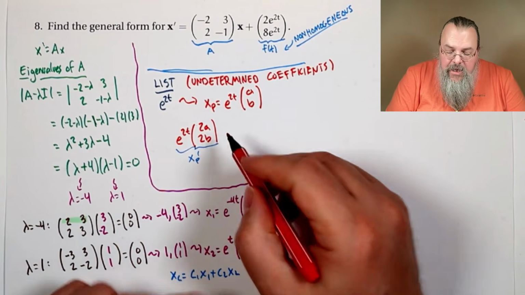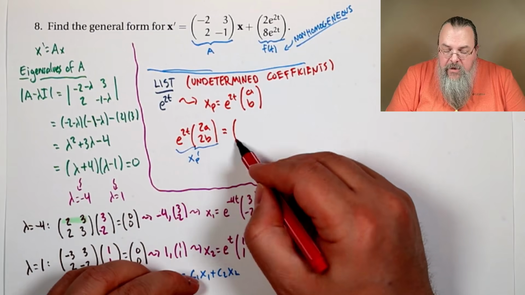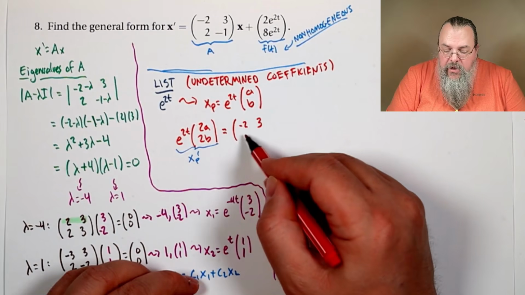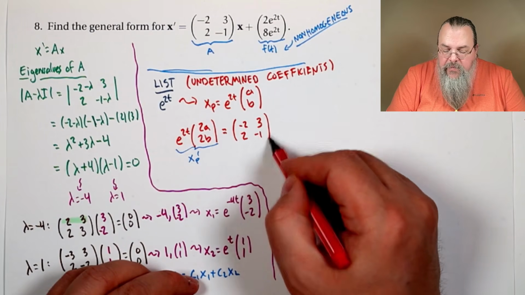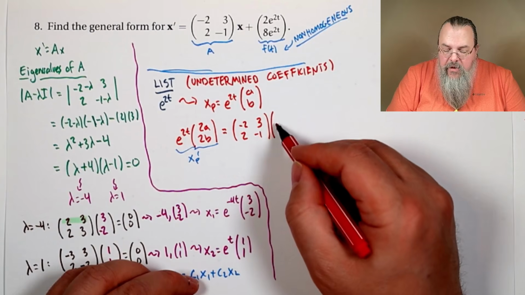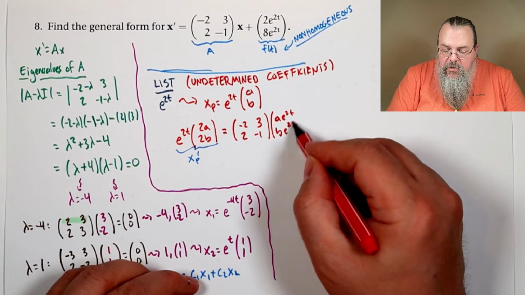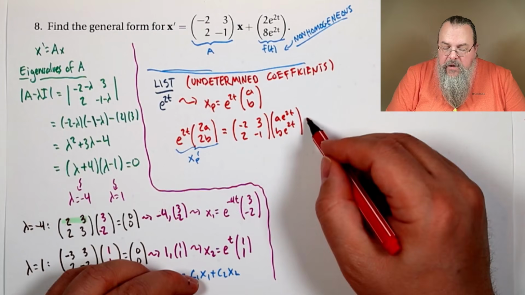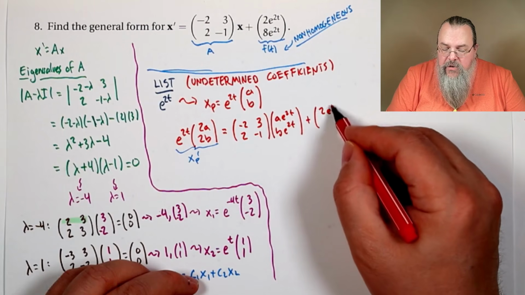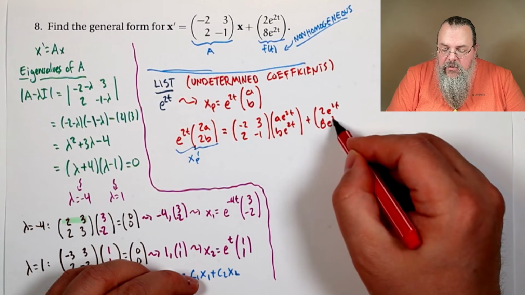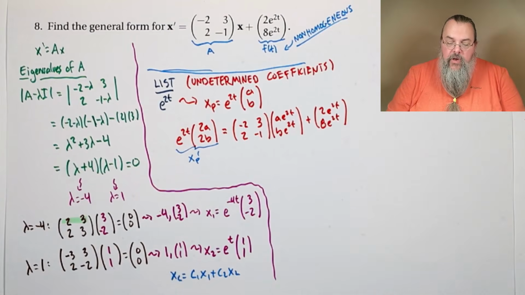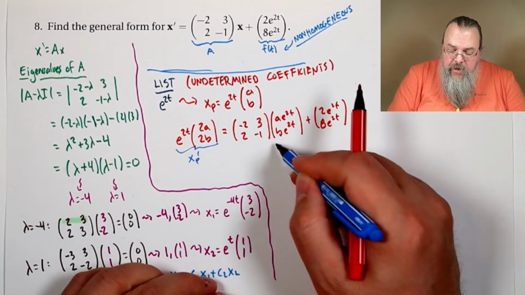That's supposed to be equal to the matrix (-2, 3; 2, -1) times (a e to the 2t, b e to the 2t), plus (2e to the 2t, 8e to the 2t). Okay, so here is our xp.